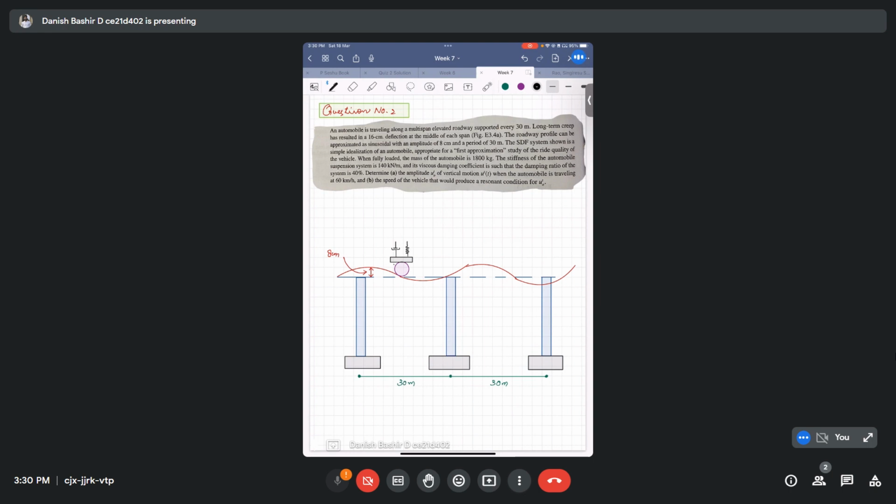We will have mass there. So mass M, dashpot C, stiffness K, single degree of freedom system.